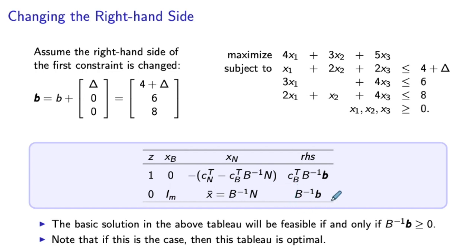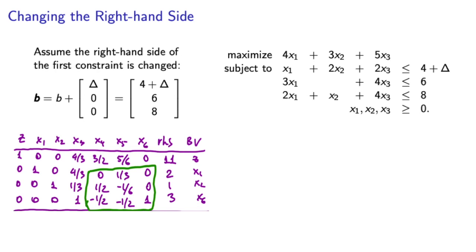We will just need to update our solution by computing the new values of the right-hand sides, which will be given by B inverse times b. Okay, so next let's look at how exactly we do it.